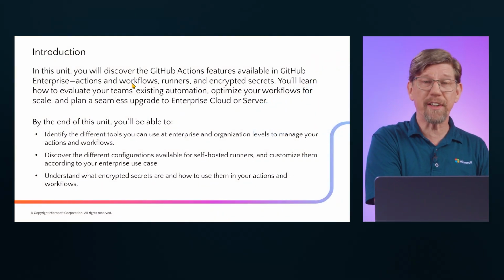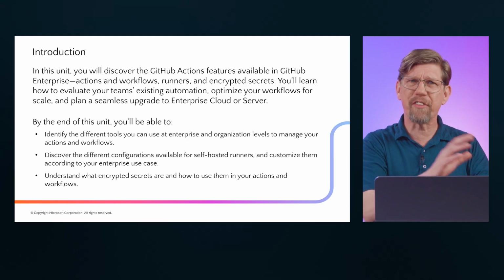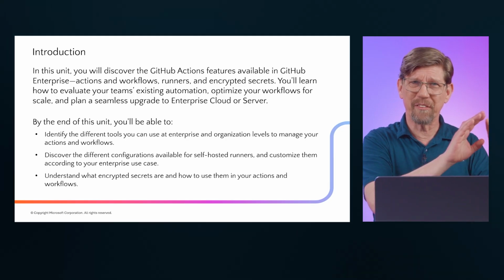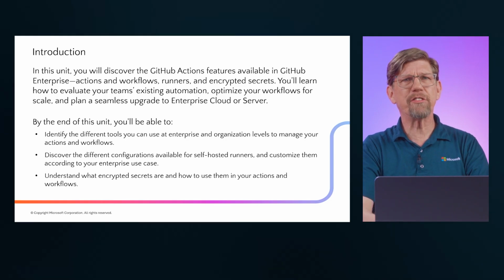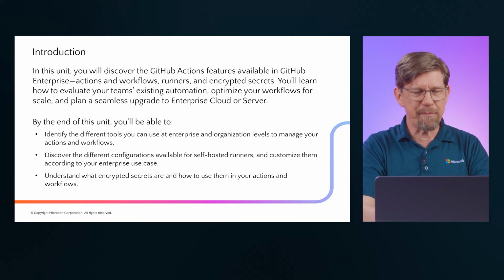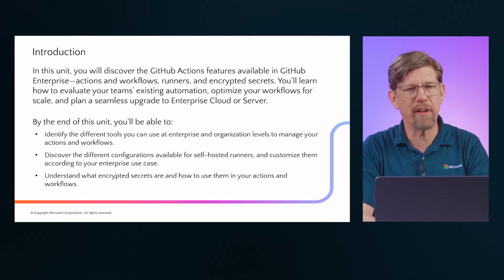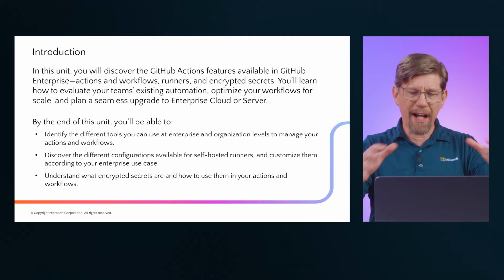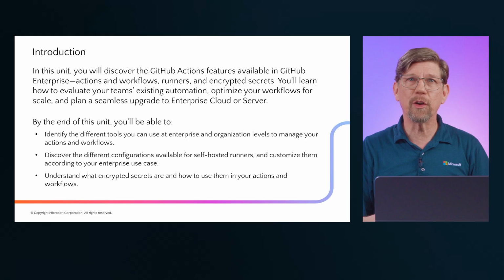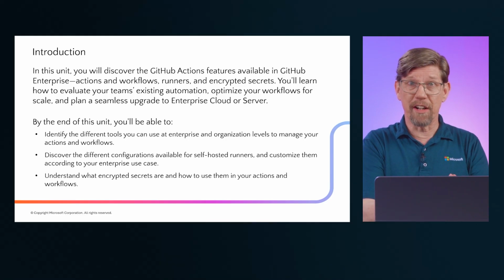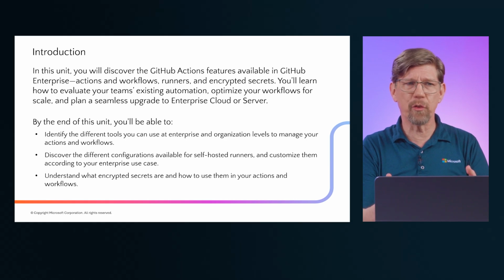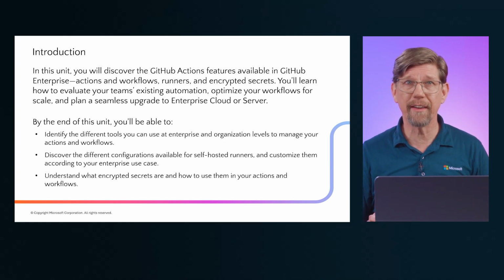In here specifically, we'll quickly define a couple of different enterprises, but we'll take a look at the different tools and the different policies that can be applied at the organization and enterprise level for actions in general. We will then take a look at the runner level, right? The runners being the tools that are actually executing the underlying actions.